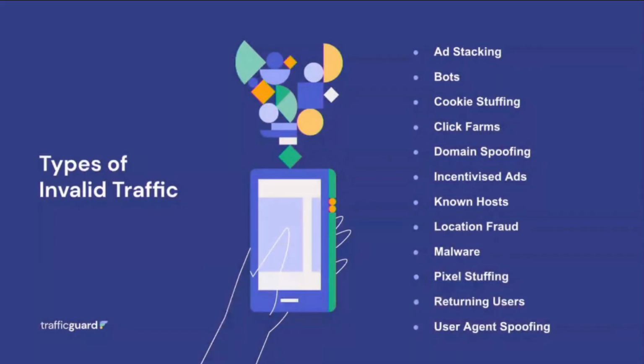And I love this slide because it's a smorgasbord of horrible looking things, but it's a really useful way, and we use this deck when we're doing workshops for CMOs across the globe, to start thinking about all the different kinds of invalid traffic that are out there: ad stacking, bots, cookie stuffing, click farms, domain spoofing, incentivized ads, known host, location fraud, malware, pixel stuffing, returning users, user agent spoofing.